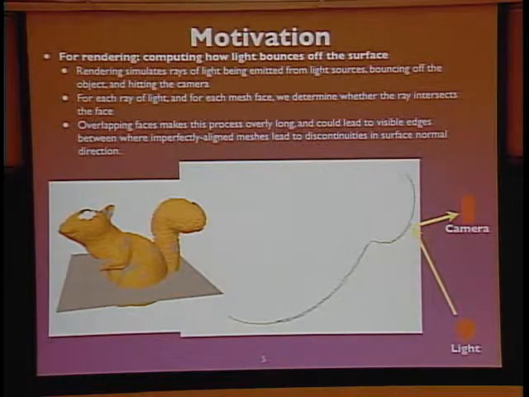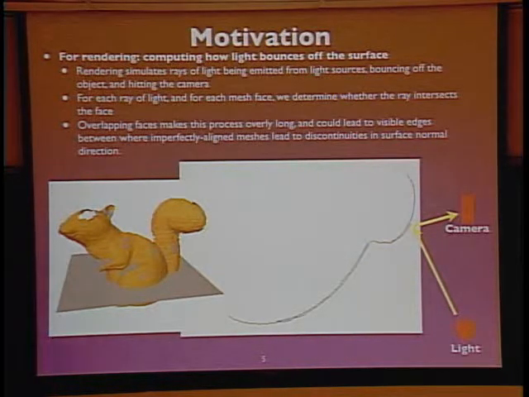Another issue is that if you are one of these computer graphics people making a movie, or a video game person, imagine that you have a giant monster squirrel attacks the earth video game where you want to render this thing.